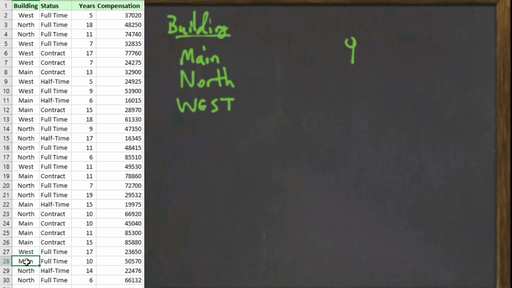We could do the similar thing, count up north, and I think we get 11. You can pause and verify if you'd like, and then I think we get 9 for west. And so here we have a frequency table. One last thing, oftentimes we put a little total there, to make sure we have all of our values accounted for.